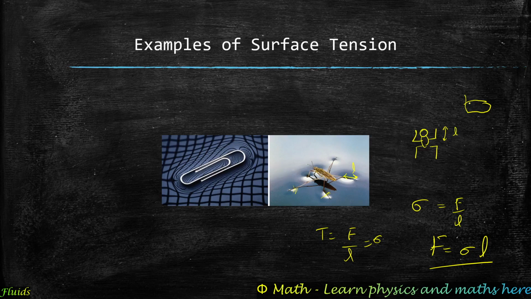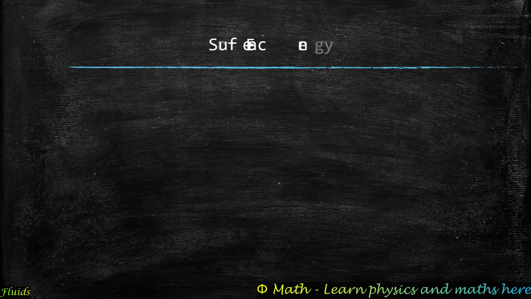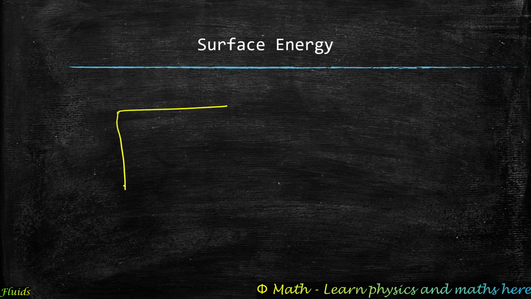Okay, so surface energy. As I've already told you, surface energy is the work done in increasing the area of a surface per unit area. So this is the original surface and we have to extend it.